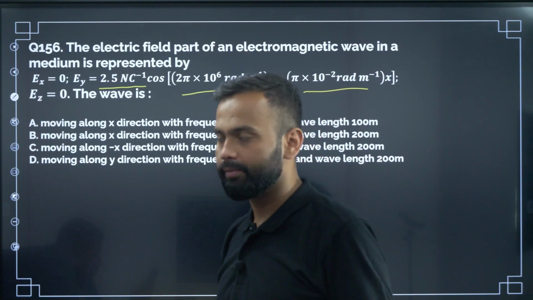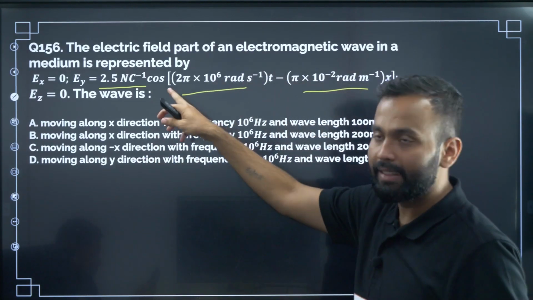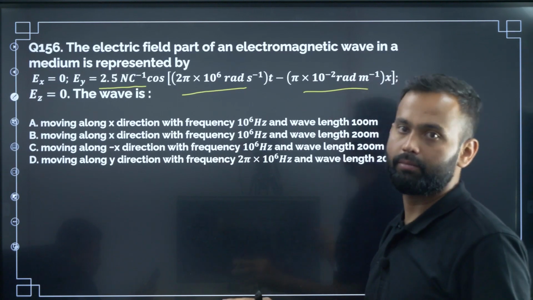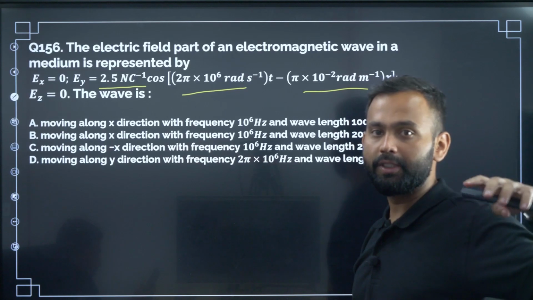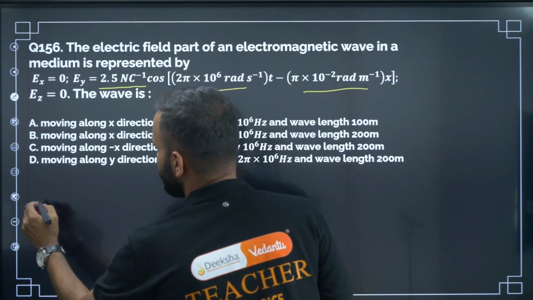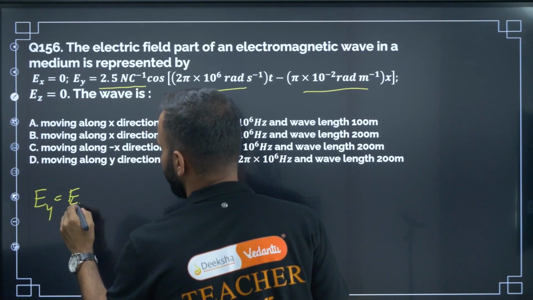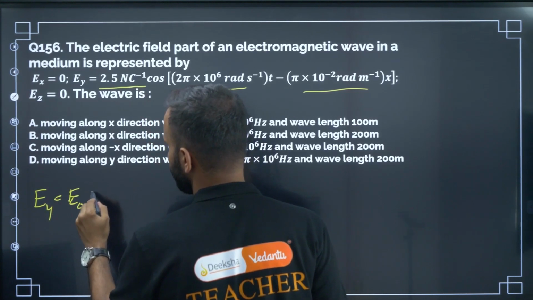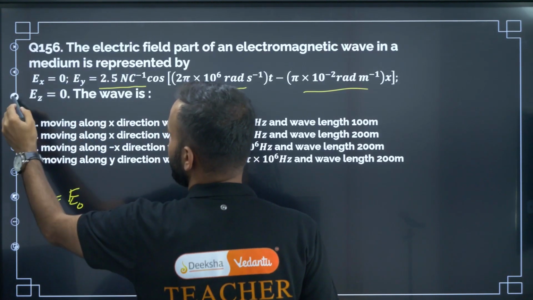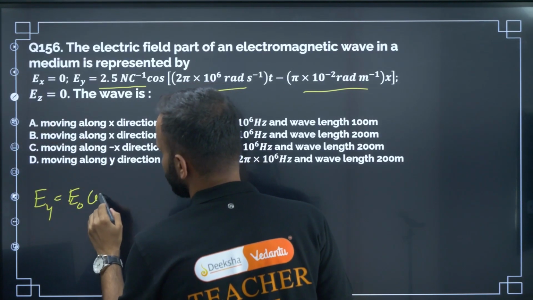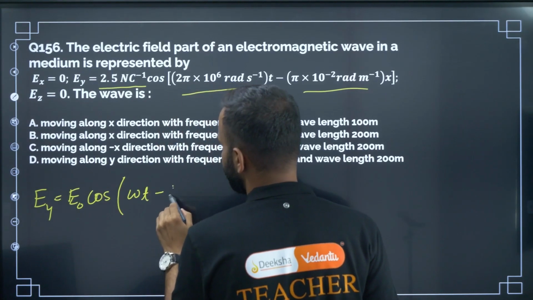That's it. Okay, so let us write the general equation of this electric field wave. From there only we will get to know in which direction the electric field wave is propagating. So the general equation here, Ey is equal to E naught into cos of omega t minus kx.